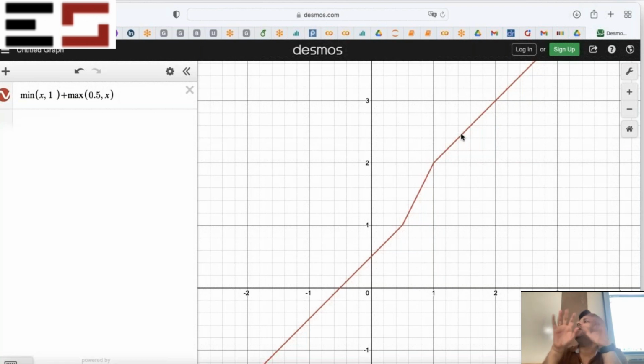Okay, so let me again give you the definition. When do we say that the function is concave? We say that a function is concave if no matter what pair of points you pick on the graph, the line segment connecting those 2 points should lie either on the graph or below the graph, and no part of it should lie above the graph. That's what concavity is. So every word is important.